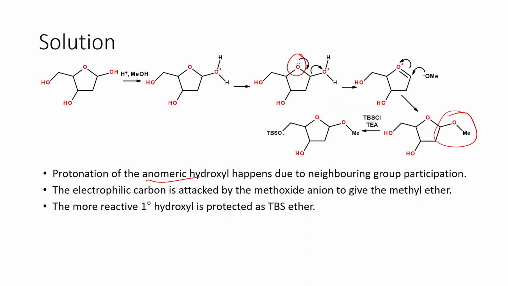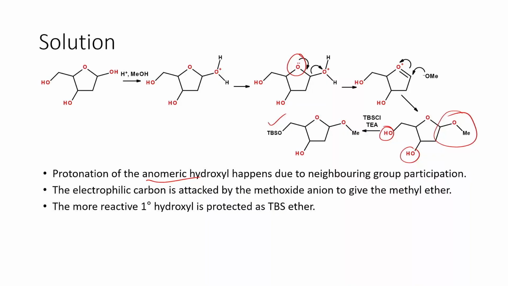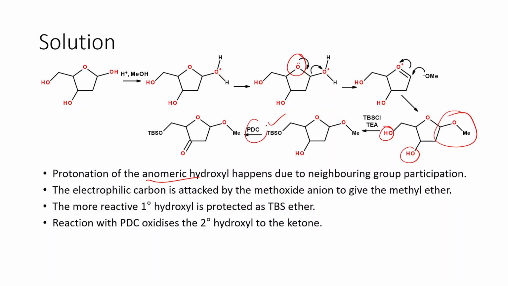And the next step is, we have a primary hydroxyl and a secondary hydroxyl. Obviously we know the primary hydroxyl undergoes reaction faster compared to the secondary hydroxyl for the TBDMS protection. So this is the second step that is happening, and finally we are going to do the oxidation using PDC. Now the secondary hydroxyl is the only thing that is left out. One hydroxyl is protected as a methyl ether, another one is protected as the TBDMS or silyl ether, and the only thing left unaffected is the secondary hydroxyl, which undergoes oxidation by PDC to give the corresponding ketone.